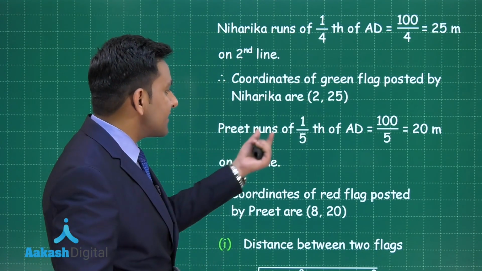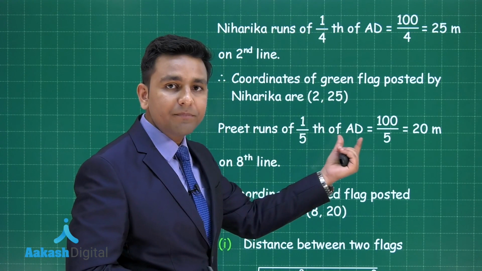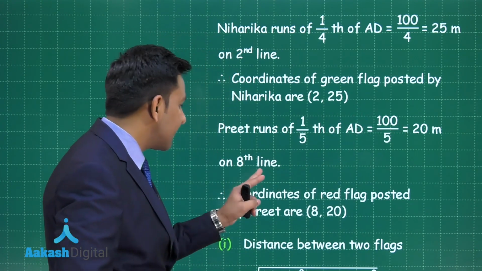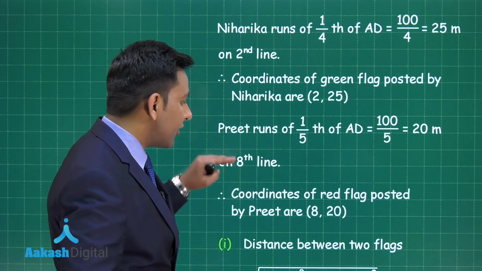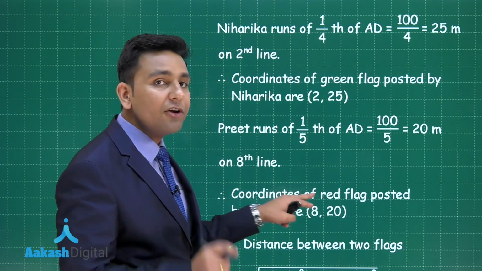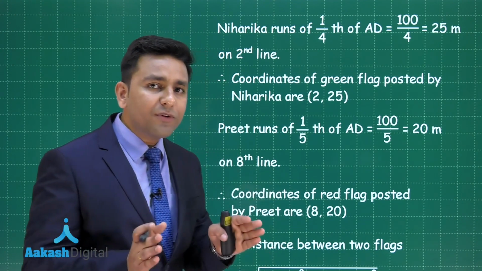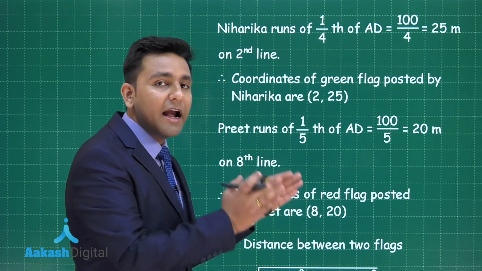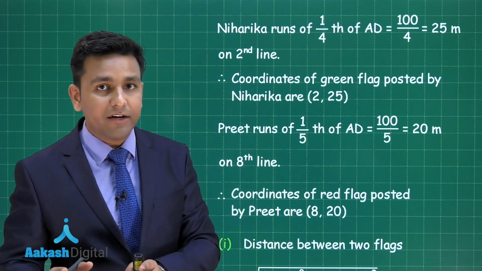Now Preet runs 1/5 of AD. That means 100 divided by 5, 20 meter. On the basis of this information, we can write the coordinates of red flag posted by Preet are 8, 20. Now friends, we have the coordinates of the points where the red flag and green flag are posted.